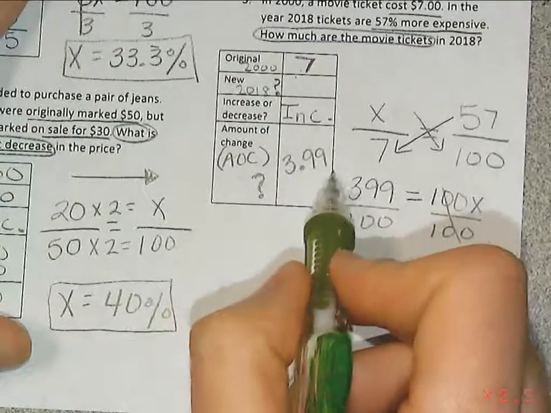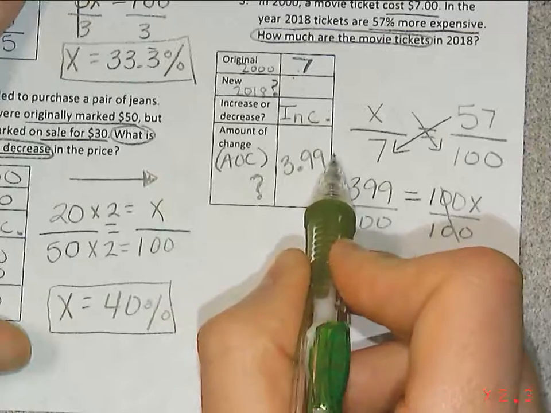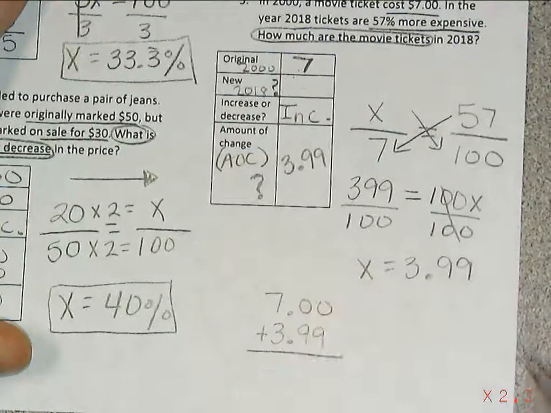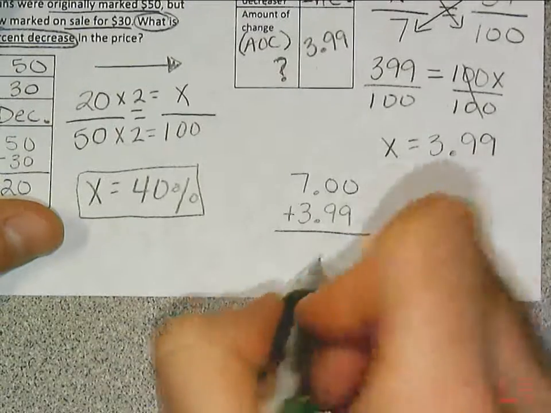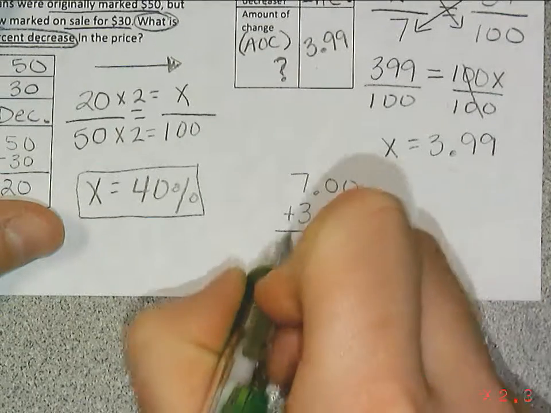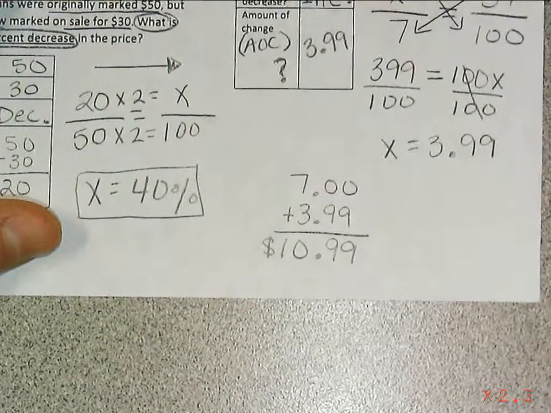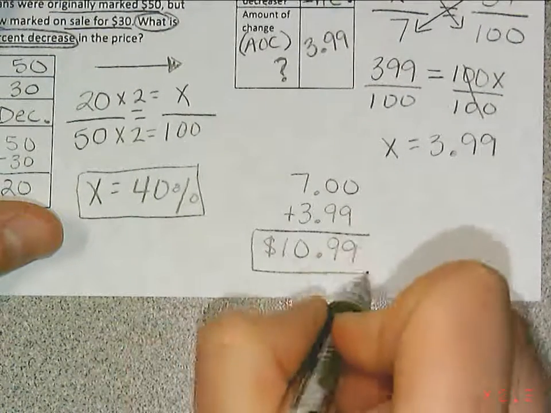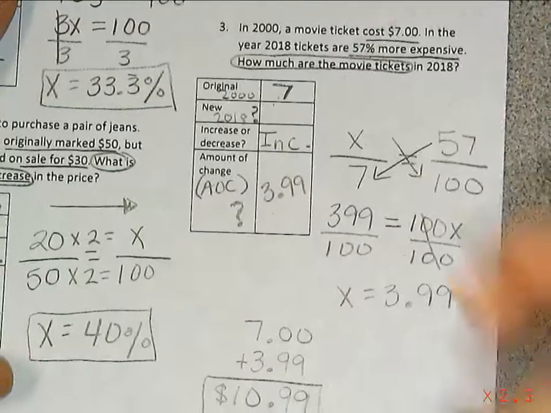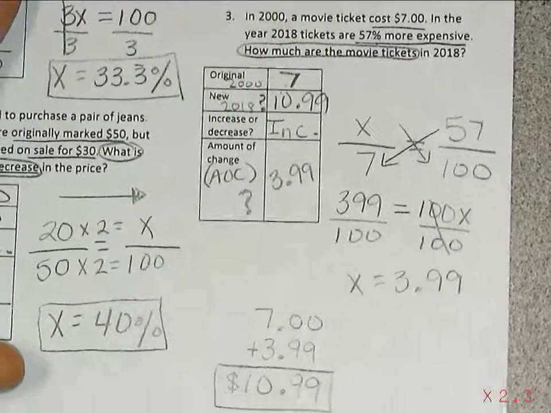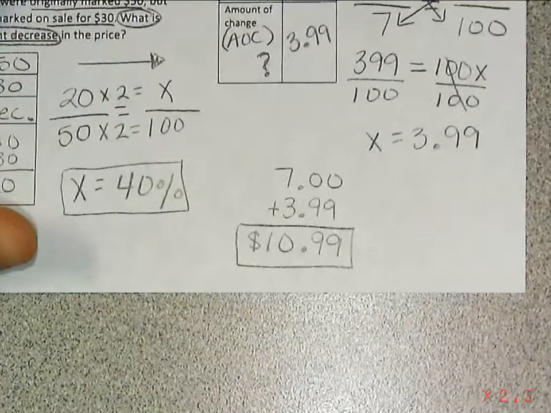So this was my increase in ticket price. They added $3.99 to ticket sales. So that would be $10.99. So this is my new price for the tickets in 2018. So my answer is $10.99.